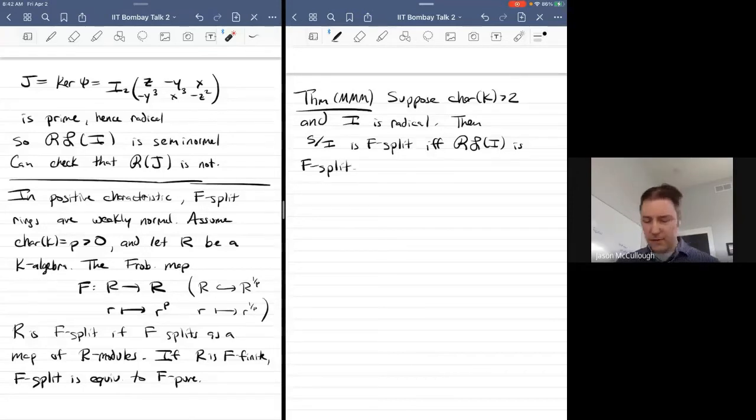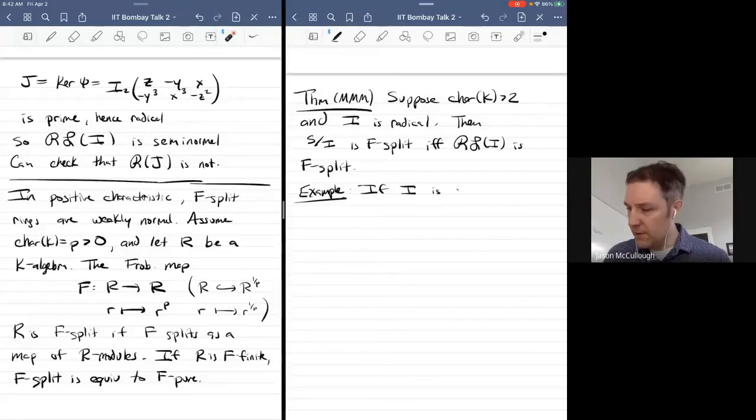Now, I rather like this result because, in a way, it gives you another machine for coming up with F split rings. So for example, it's well known that if I is a square-free monomial ideal, well, of course, S mod I is radical, but it's also F split.